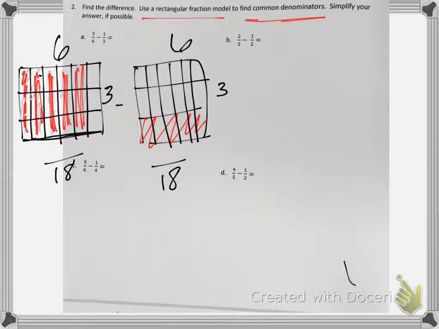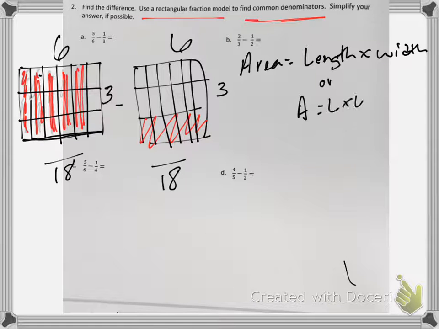Remember, area equals length times width, or A equals L times W. And this will pop up again. We are going back to area eventually, so I might as well review it as much as we can right now.